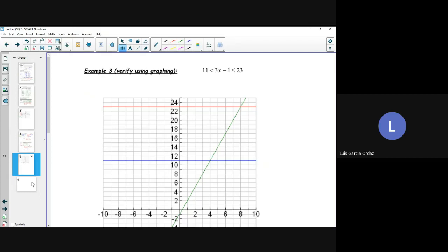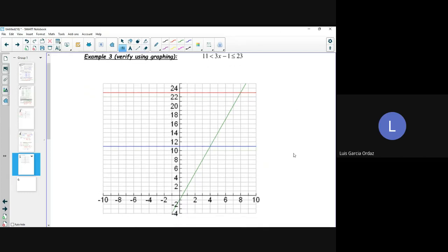So let's just look at our graph now, as this is our last example. Now we want to verify that the inequality 3x minus 1 is less than or equal to 23, but greater than 11, okay? In interval notation, we had 4, comma, 8.